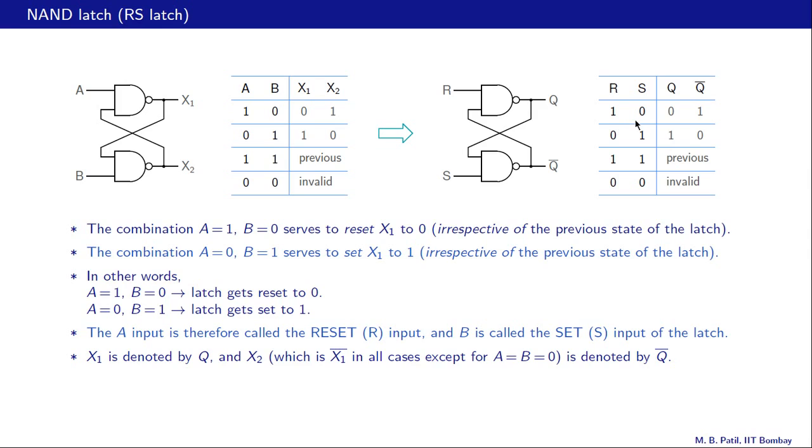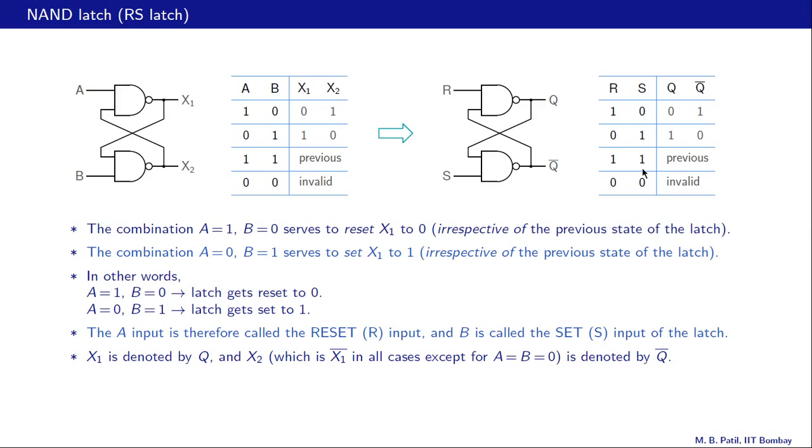When R is 1, S is 0, Q is 0, and it is easy to remember this. R equal to 1 means something is getting reset, and that something is the latch output Q. So Q is becoming 0. S equal to 1 means something is getting set, and Q is getting set to 1 over here.